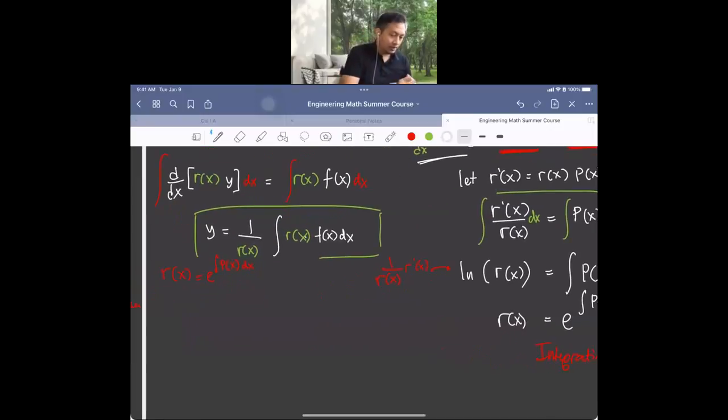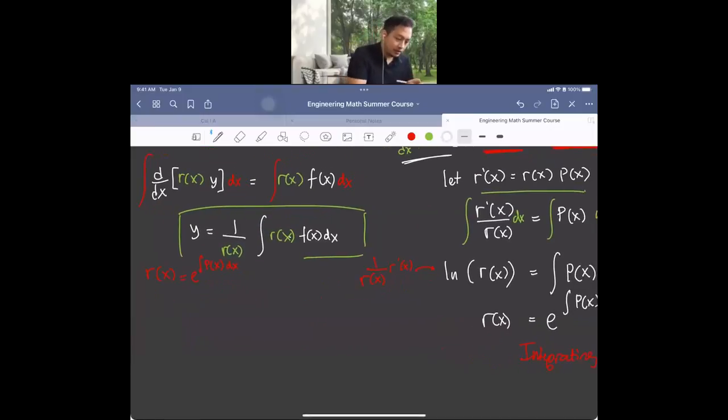Okay, one more note about this method. Let me just give you the notes about the existence and uniqueness.